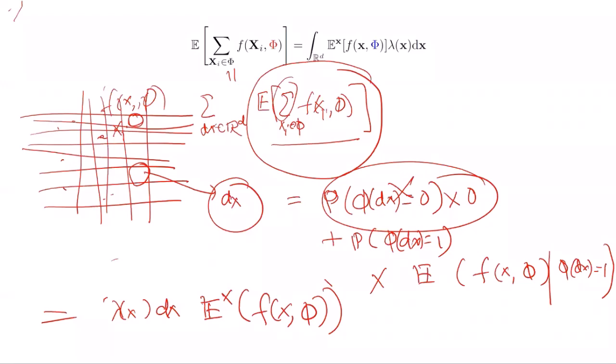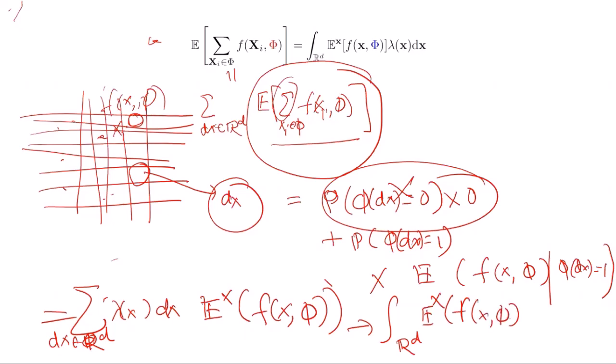If I want to compute the overall summation, I have to sum it over all the sets dx in R^d, and as dx goes to 0, this will limit to the integration over R^d of the expectation of f(x,Φ) times λ(x)dx.